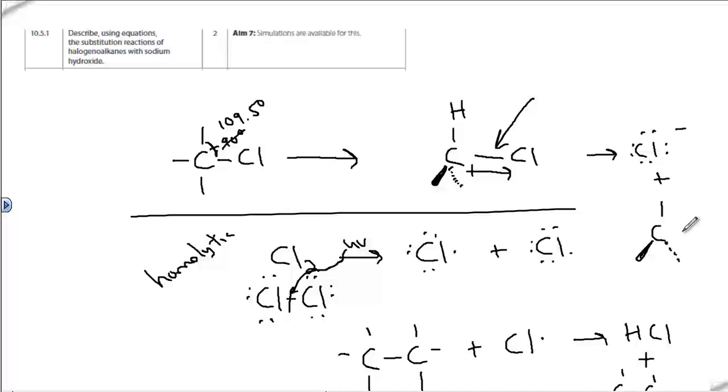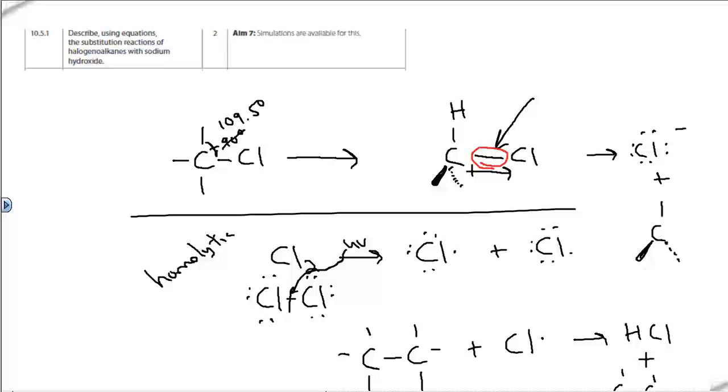Now, there would be a problem here, something we need to consider. This carbon now only has, first of all, a central carbon with 3 bonded pairs. Remember, both of these electrons in this bonded pair left, leaving a carbon here, central atom with 3 bonded pairs.